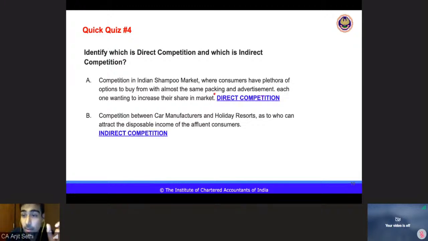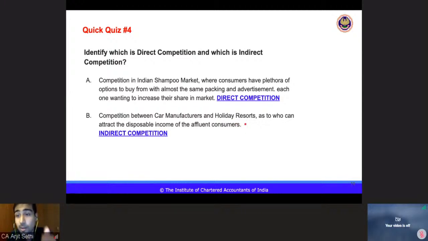That is direct competition. Whereas if I talk about a competition between a car manufacturer and a holiday resort, right? There is no link. A car manufacturer is selling cars. Let's talk about Honda. Honda is selling Honda City or Honda Civic, whereas a holiday resort in Goa or Mumbai is selling luxury rooms or luxury services, entirely different things to the customer.